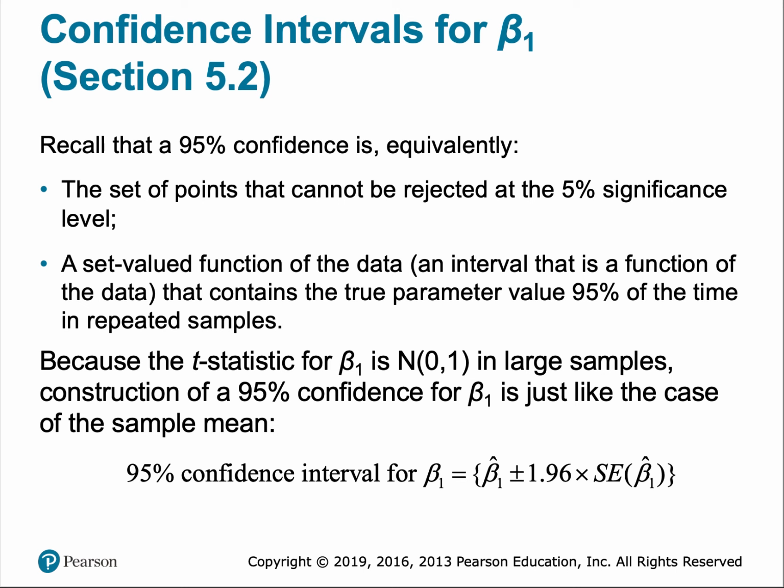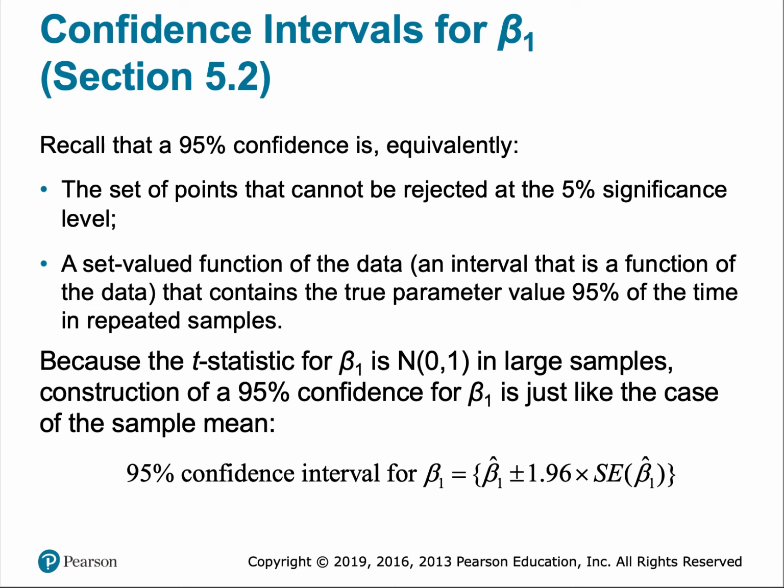And that set of points within that range cannot be rejected because we're saying that beta 1 is among those set of points 95% of the time.